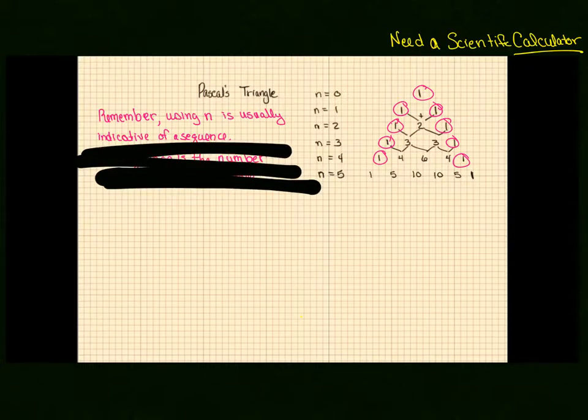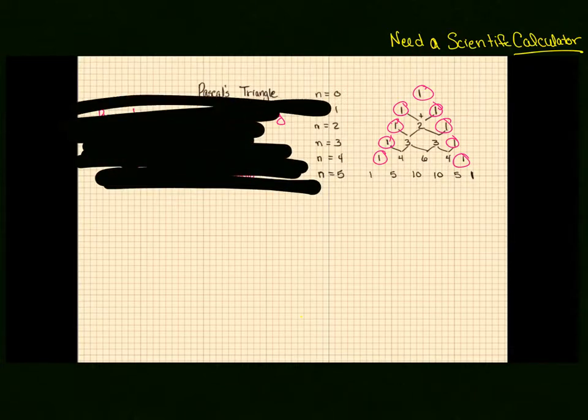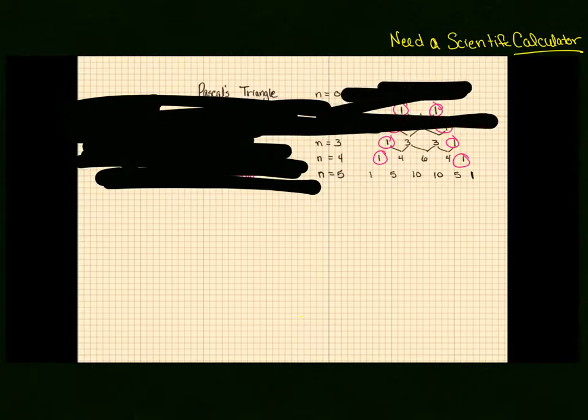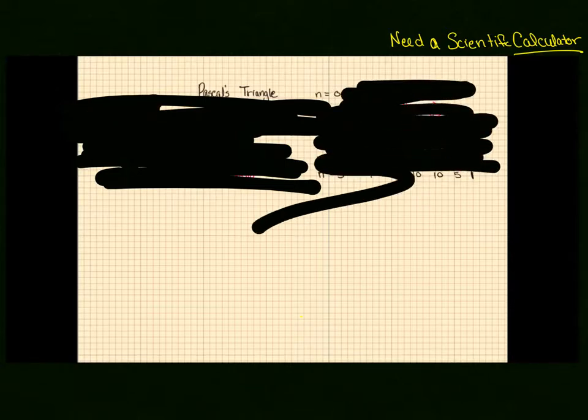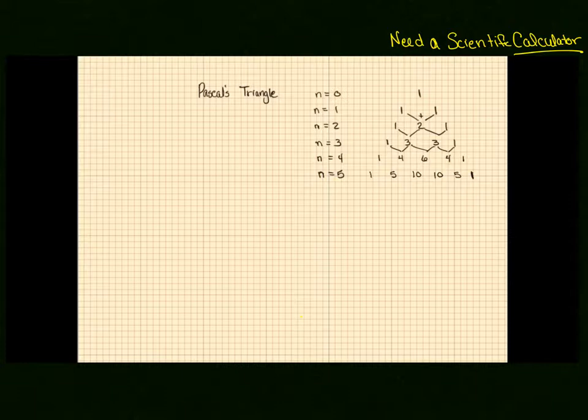So now, why is it useful? Basically, if I have a binomial like a plus b and I raise it to the second power, the numbers in row 2, or n equals 2, sorry, of Pascal's triangle are going to be the coefficients for my expanded trinomial.